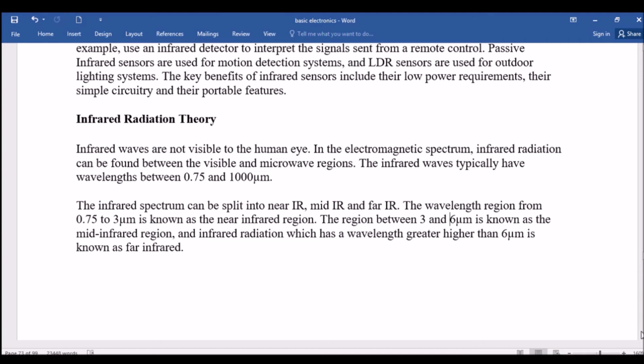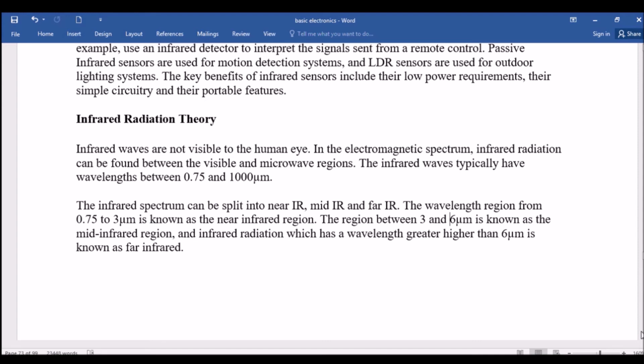The wavelength region from 0.75 to 3 micrometers is known as the near infrared region. You see, infrared sensors in this range from 0.75 up to 3 are classified into the near or short distance infrared region.